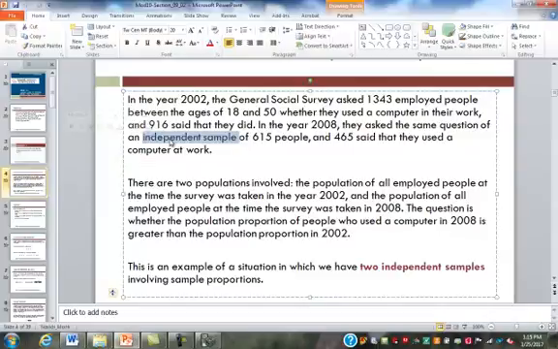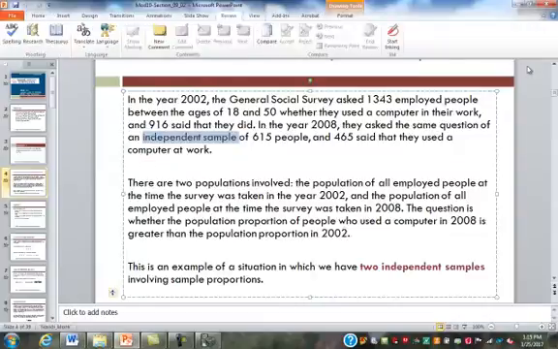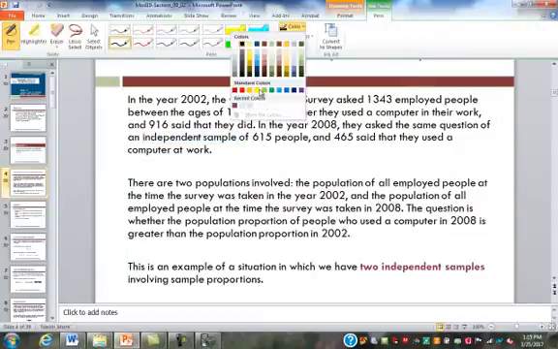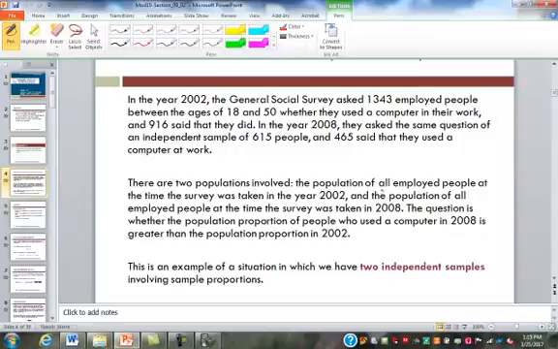The question is whether the population proportion of people who used a computer in 2008 is greater than it was in 2002. So the way that's worded, it might hint at us what our hypotheses are going to be. So 2008 is greater than 2002. They left me with P1 and P2.